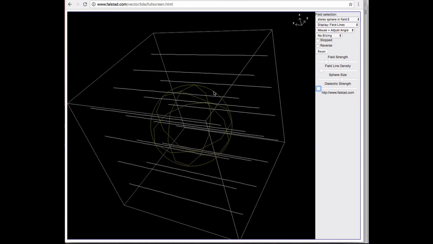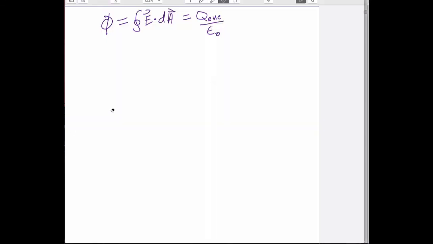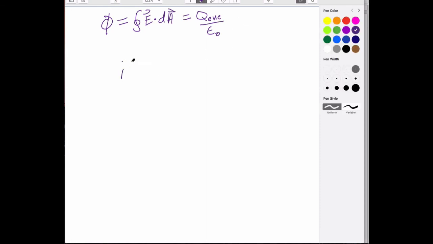Well, if we switch back over here, if Q enclosed is 0, then the net flux is 0. That's so much better. So think about what this means.